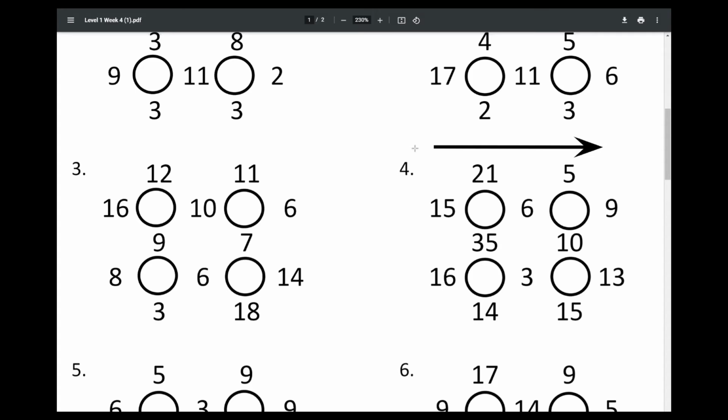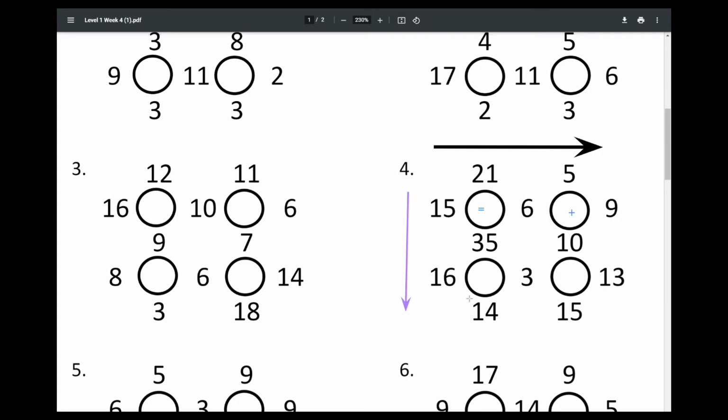9 plus 6 equals 15. Great job. Now, what if we come and work down now? So 21 equals 35, what, 14? 16 minus 3 equals 13.